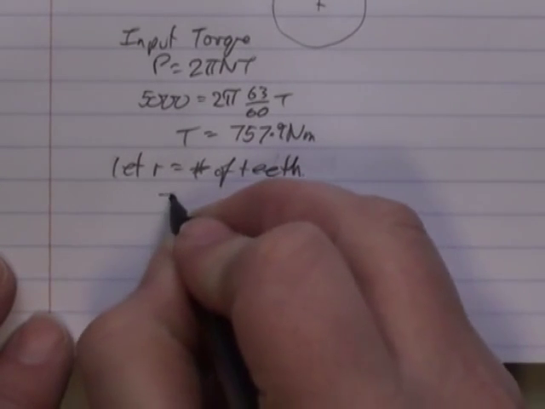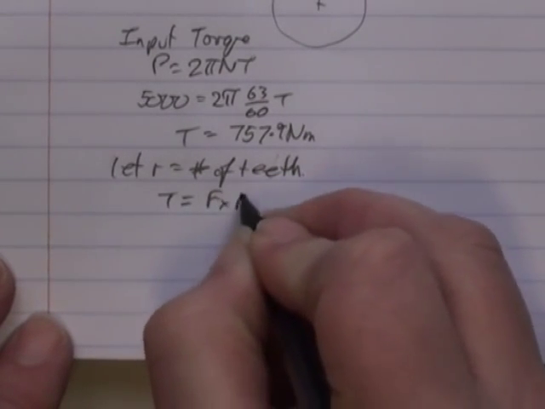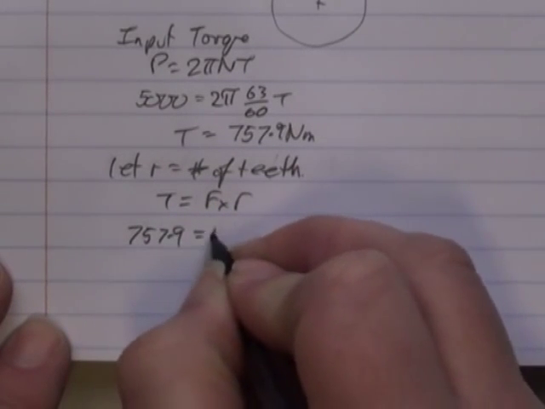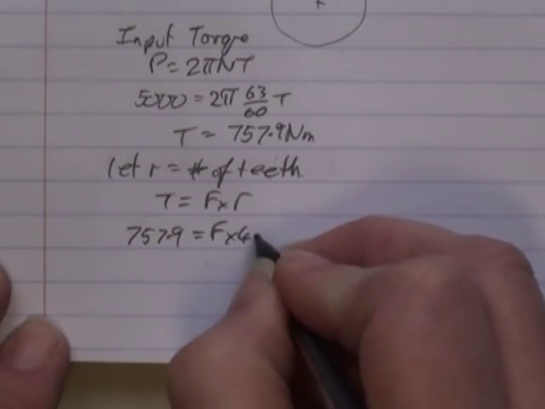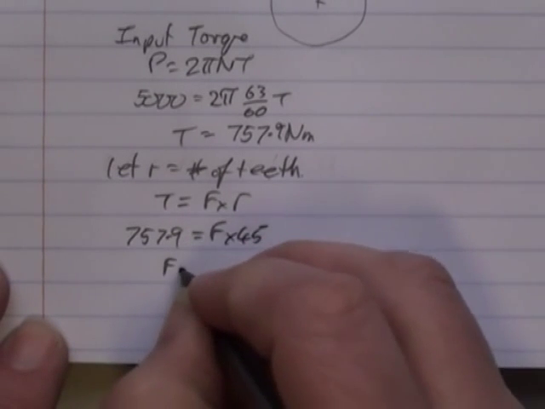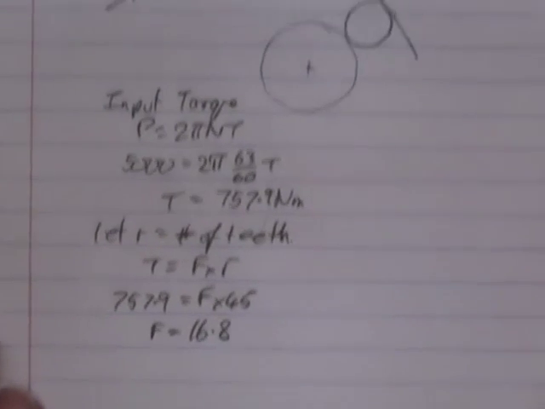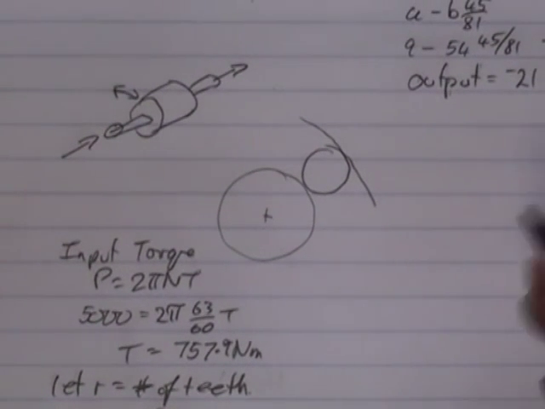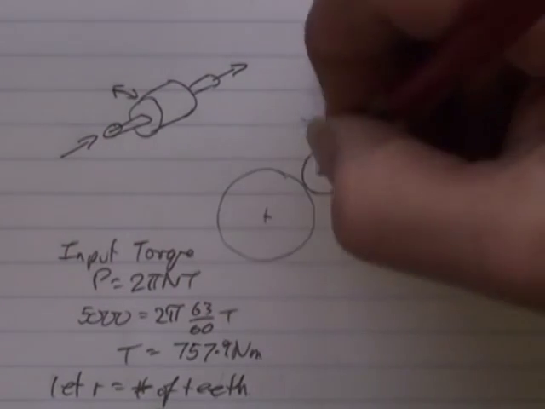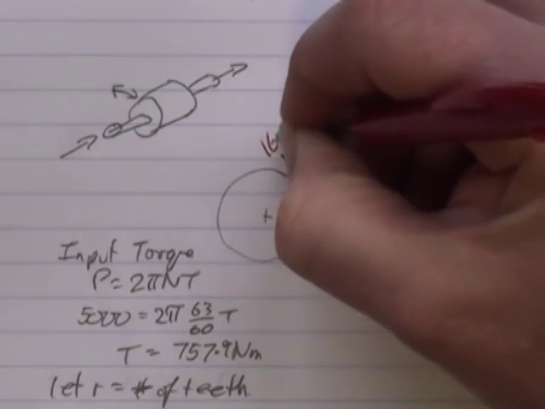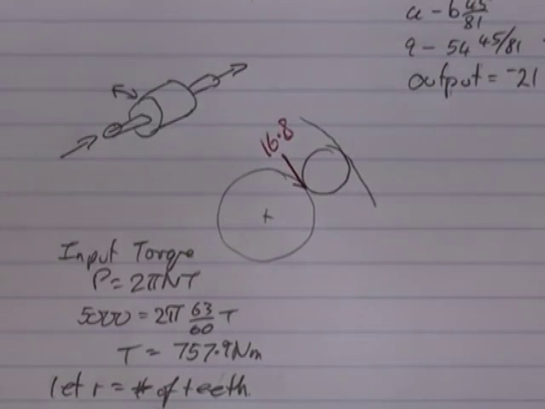So in this case, torque is equal to force times radius. 757.9 is equal to the gear force times 45. My force is equal to 16.8. So on my little diagram, this thing here will have a force pushing on my gear of 16.8.